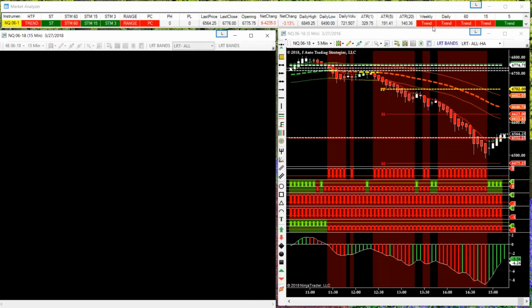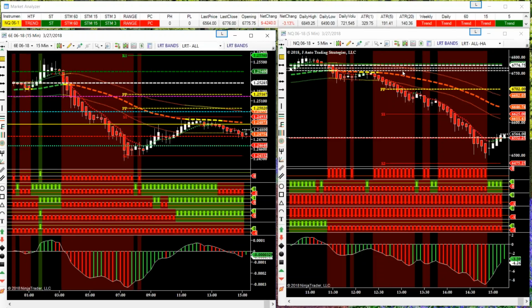For instance, yesterday morning, it was a little bit difficult. When it's not printing, that's because the different bands are conflicting. They're not all four together. When they're all four together, you get the signal. That just means there's an opportunity for it to trend.